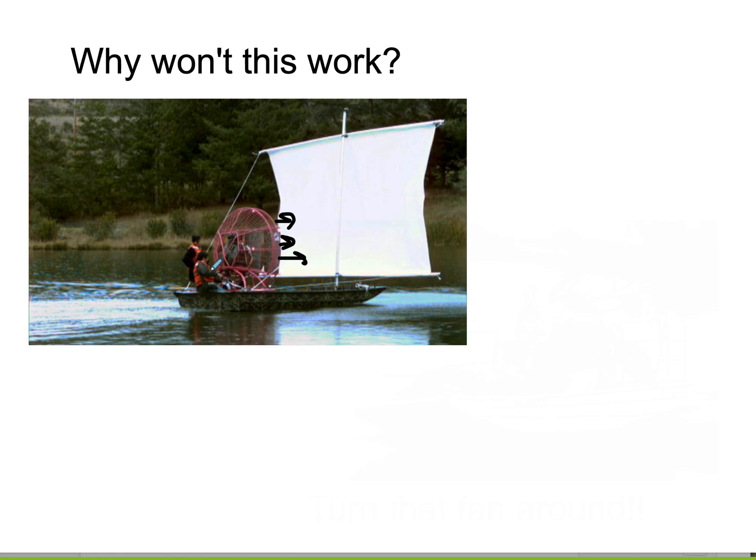There's actually two different sets of action-reaction forces here. The first set of action-reaction forces is I have the fan pushing the air, and then the air is going to push on the fan. Then I have the air pushing on the sail over here, and the sail pushes on the air back.